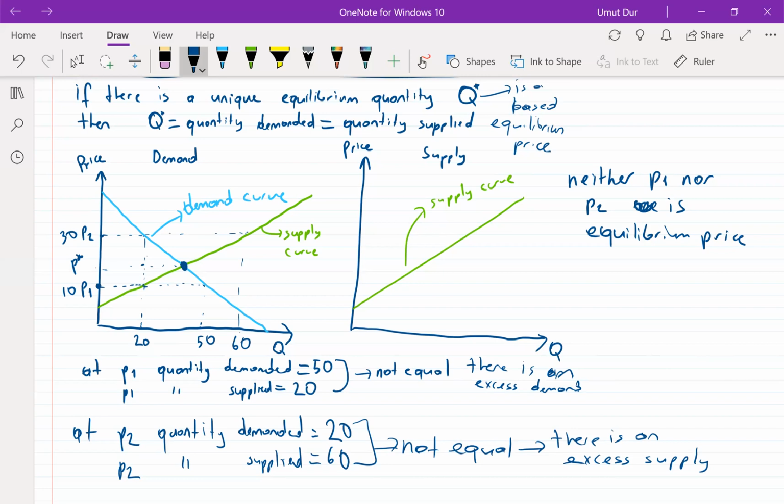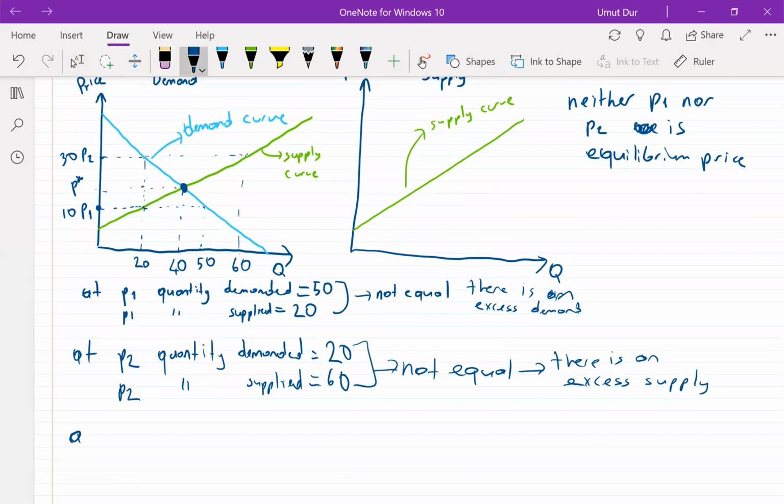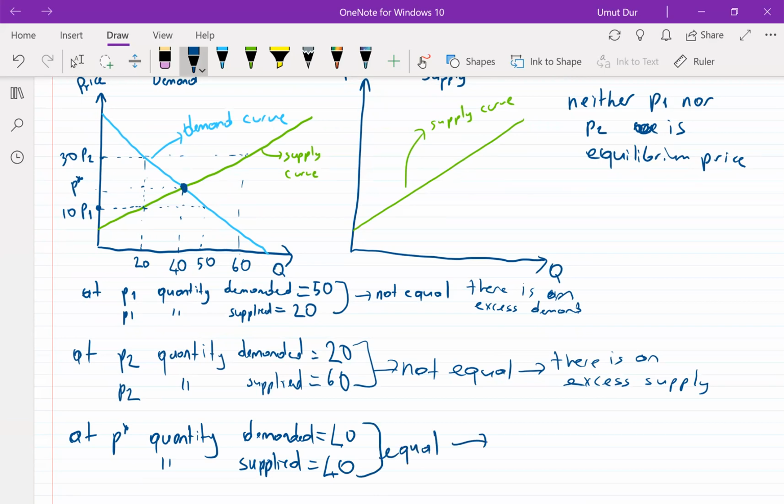Say this is P star, and let's say this is 40. At P star, quantity demanded is 40 and quantity supplied is 40, so they are equal, so no excess demand or supply.